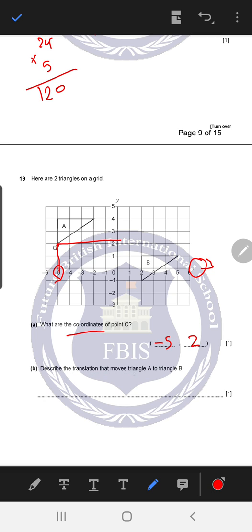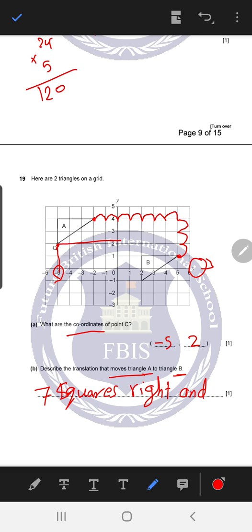Describe the translation that moves A onto B. Let's use this point and count the steps until we get here. It's 1, 2, 3, 4, 5, 6, 7 squares right, and 1, 2, 3 down.